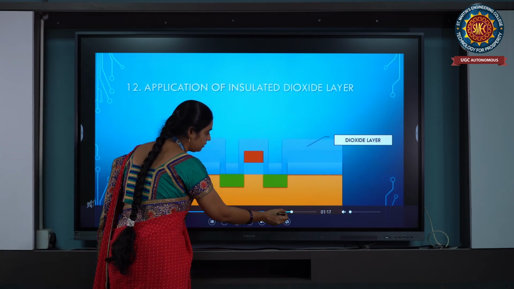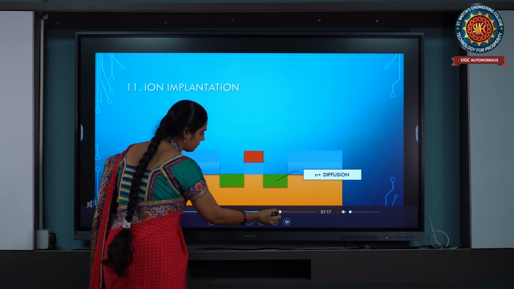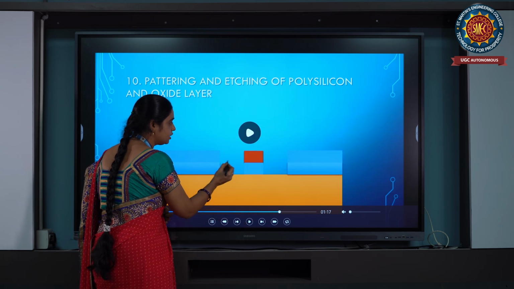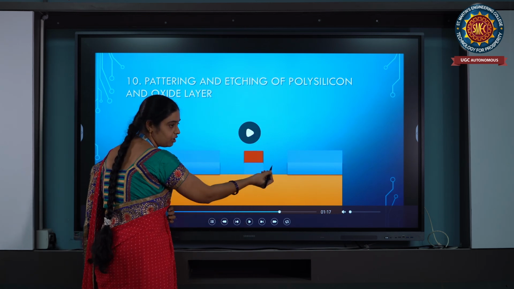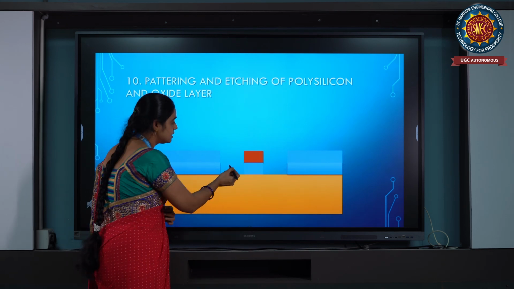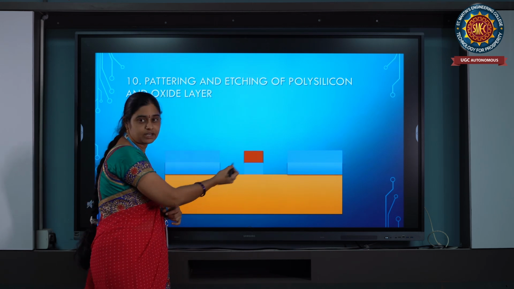If you observe here, what we have done is place a photoresist layer, and we are making these two regions. These two regions are our target regions now, because we are going to form the source here and the drain here. So these are our target regions.